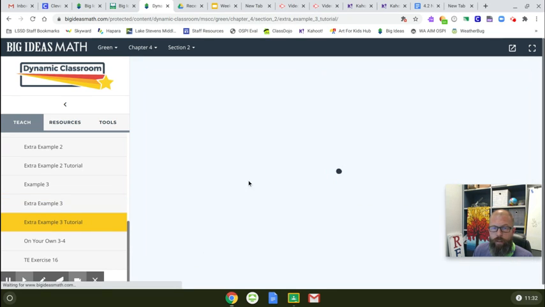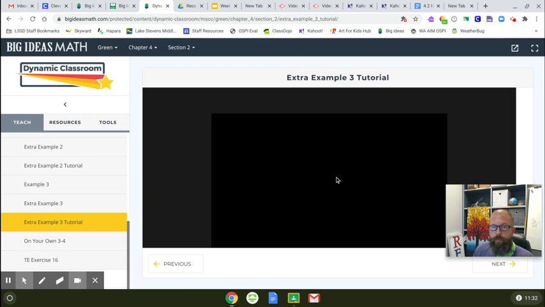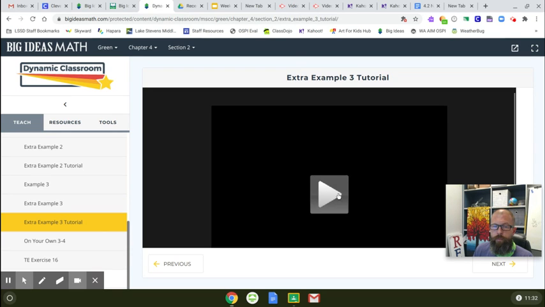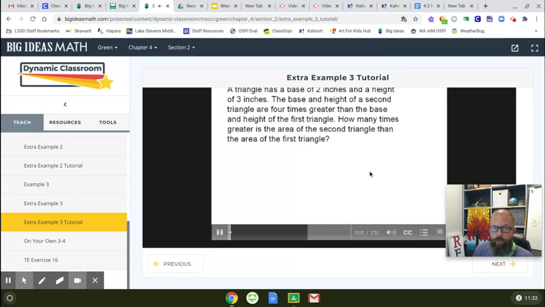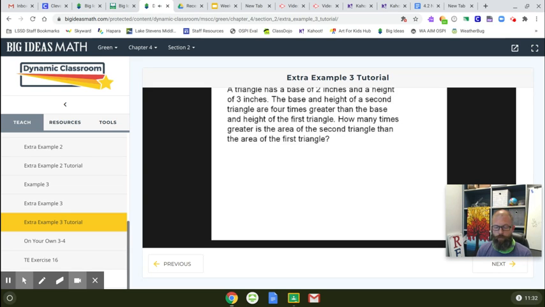Let's take a look at this tutorial. A triangle has a base of 2 inches and a height of 3 inches. The base and height of a second triangle are 4 times greater than the base and height of the first triangle. How many times greater is the area of the second triangle than the area of the first triangle? The first thing we want to do is find the area of the first triangle using the formula area equals 1/2 base times height.